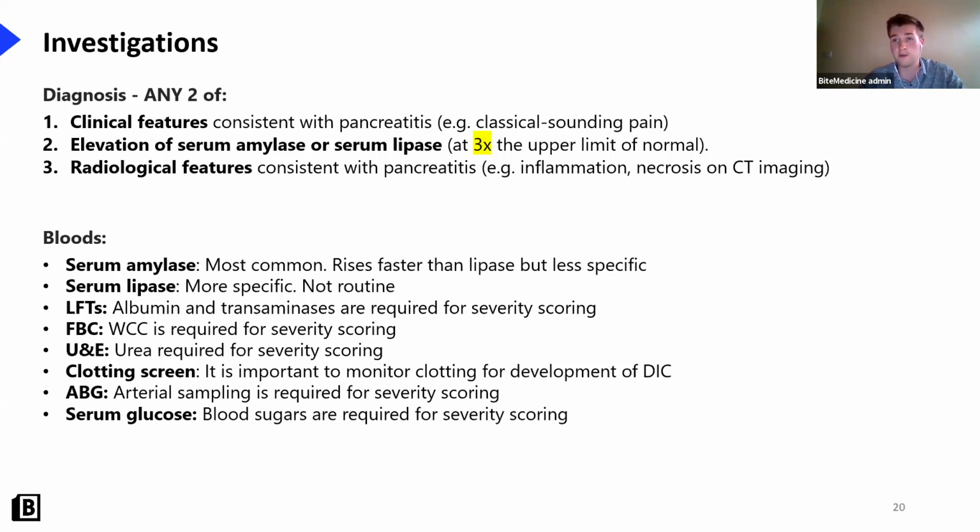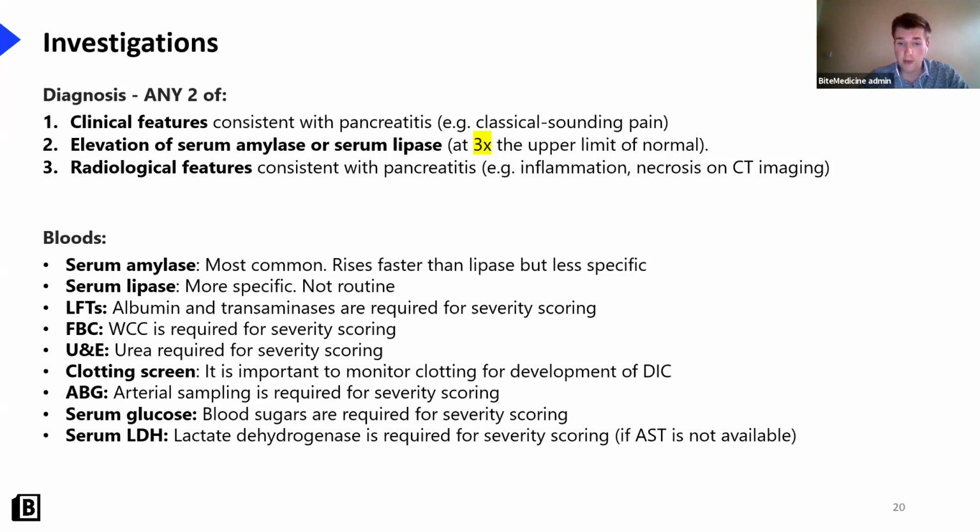So if the pancreas is blocked and starts to auto-digest and become damaged, then perhaps the ability to make and release insulin will go down, leading to an increase in blood glucose. Serum LDH: as an alternative to using transaminases, you might want to use LDH.